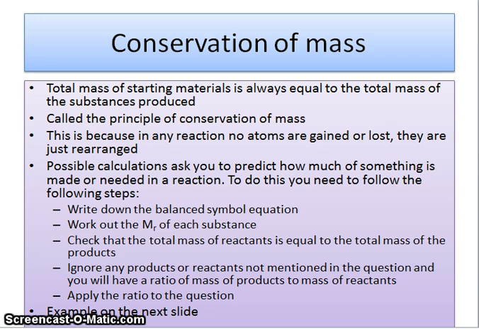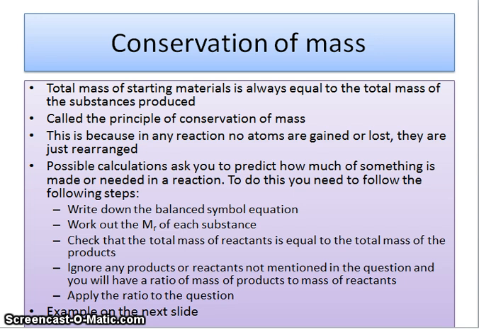It's called the conservation of mass principle. This is because in any reaction no atoms are gained or lost, they are just rearranged. So if you put hydrogen in and oxygen in and join them together, you'd make H2O. You'd put 3 particles in, you'd get 3 out.